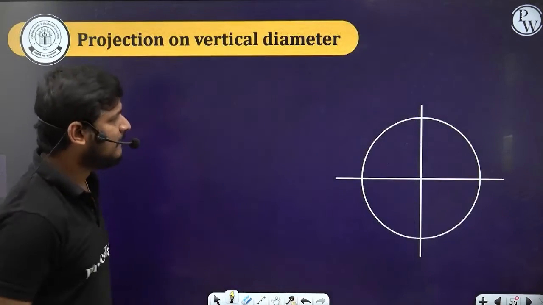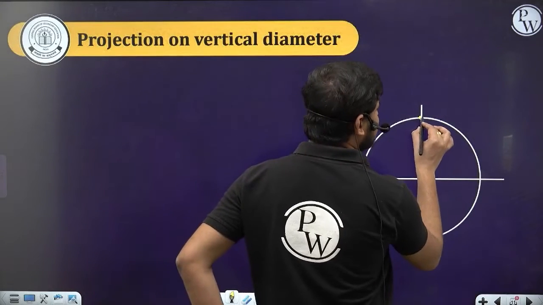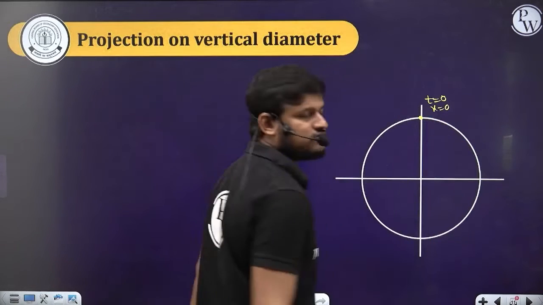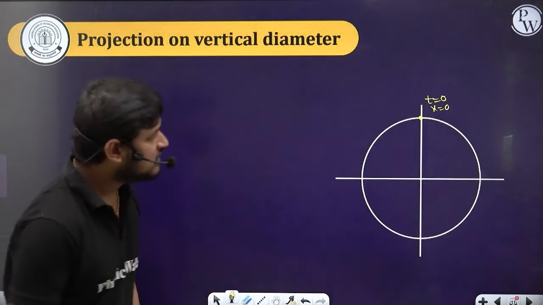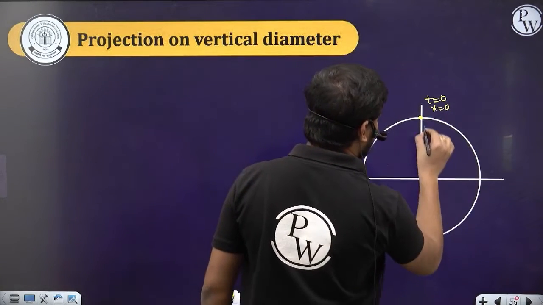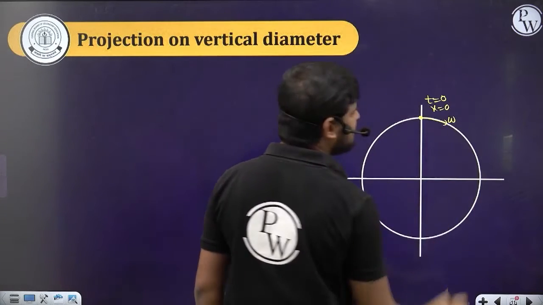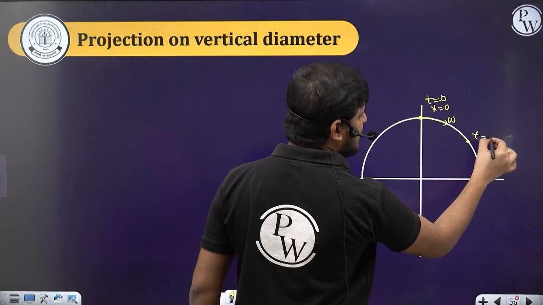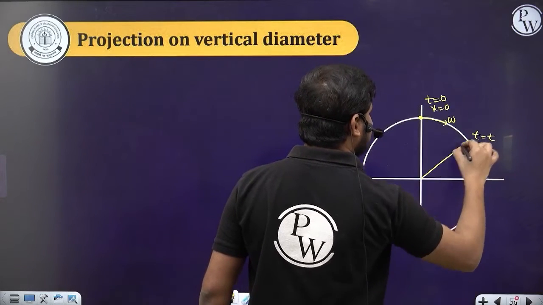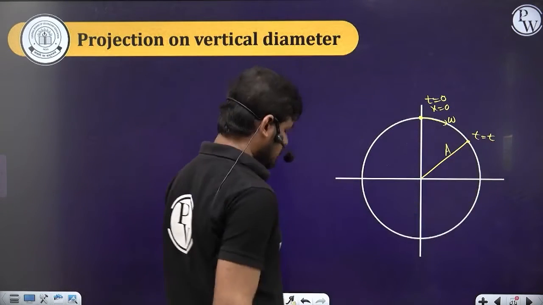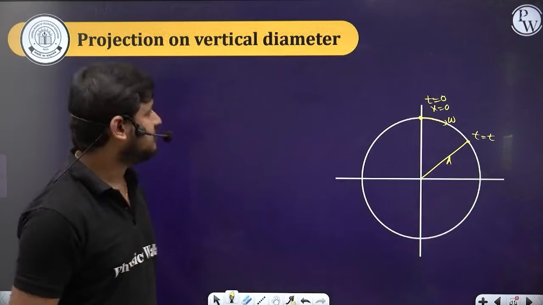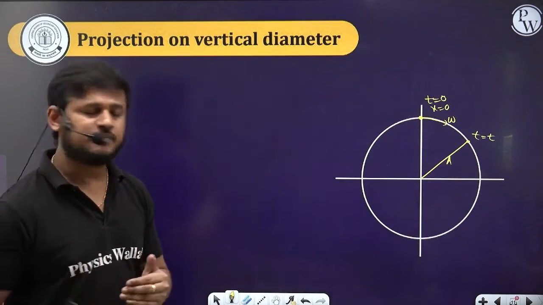So let's say the particle at time t equals 0 is starting from here. Let's say this is the initial position, x equals 0. Now it is moving with angular velocity omega, and after some time t the particle has reached here. Let's say this is a. Now we need the vertical projection, because on the vertical diameter we need the projection.